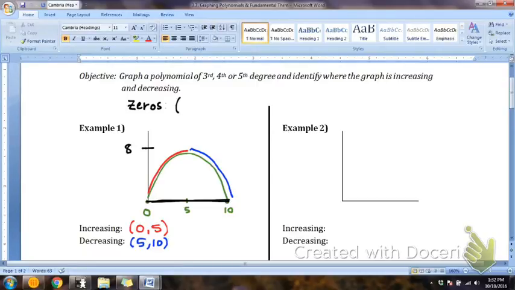So one of the zeros, or solutions, is the point 0, 0. Colt, where's the other place that it's crossing the x-axis? 10, 0. At 10, 0. We're going to use our calculator to help us find these zeros in just a few minutes, okay? So this is a very basic example.